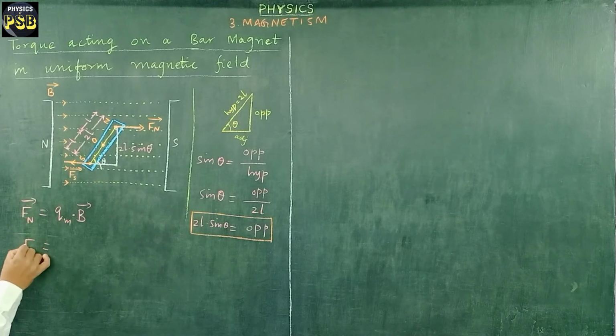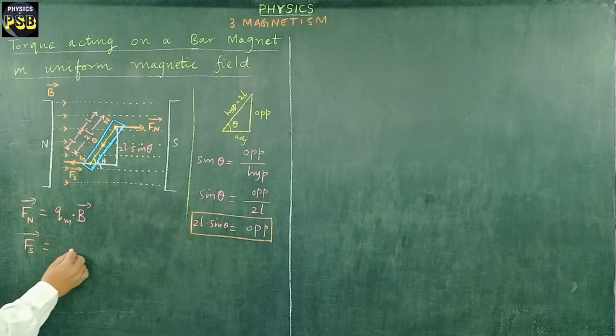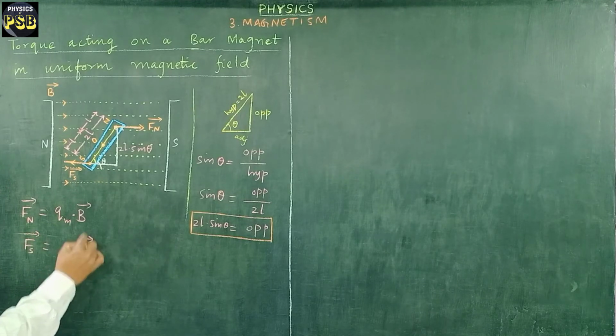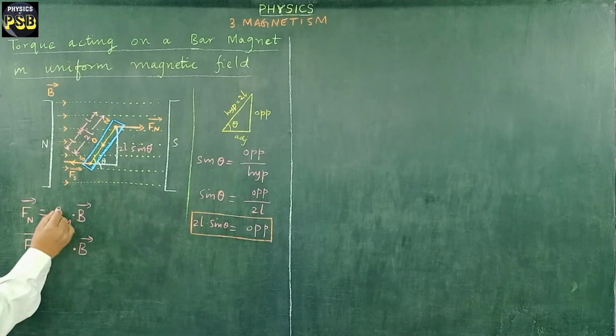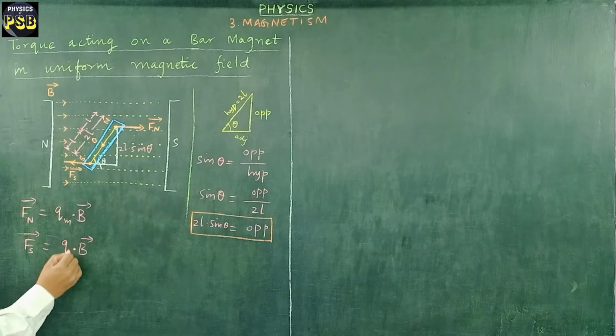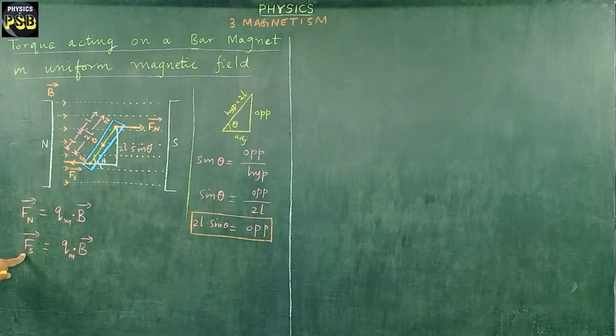Then the force Fs vector is also obtained if you multiply the magnetic field with the magnetic pole strength, that is Q. Here, this force acts opposite to that of the magnetic field, so we use a negative sign here.